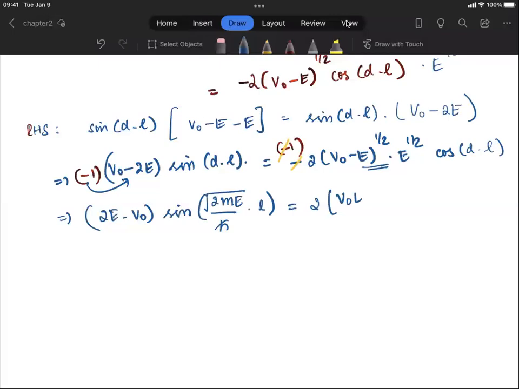So it's going to be V0E minus E squared to the power half times cosine of root 2mE over h bar times L.